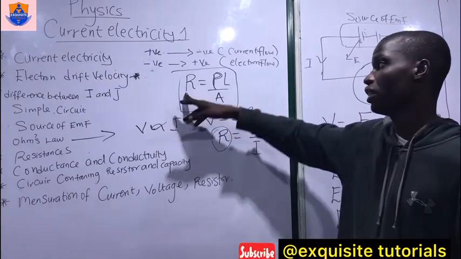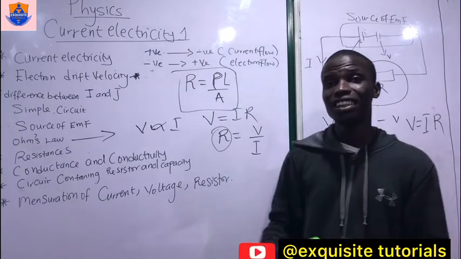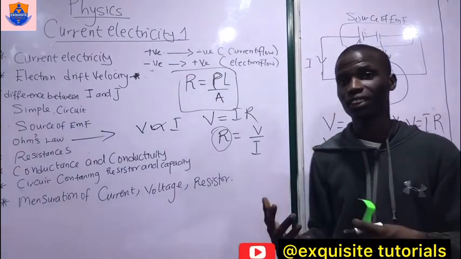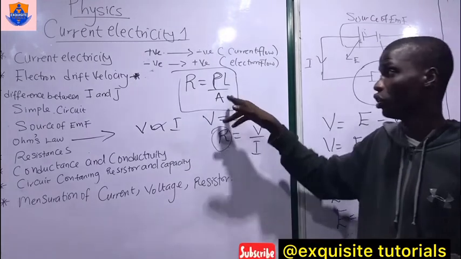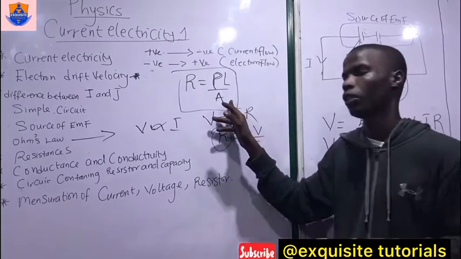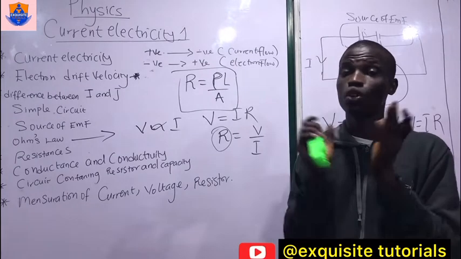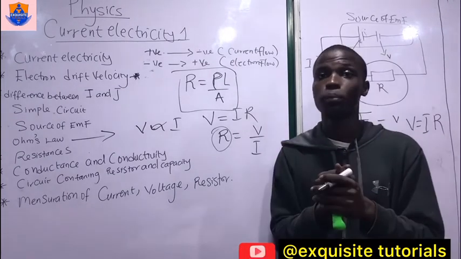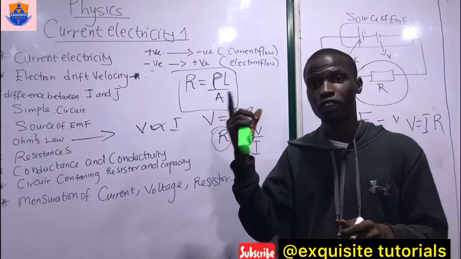Take note, there are factors that affect resistance in a circuit. You can use this formula to get the factors. Resistance is directly proportional to the length, so an increase in the length of a conductor increases the resistance. It is inversely proportional to the cross-sectional area. Resistance also depends on the nature of the material, and it is also affected by temperature.